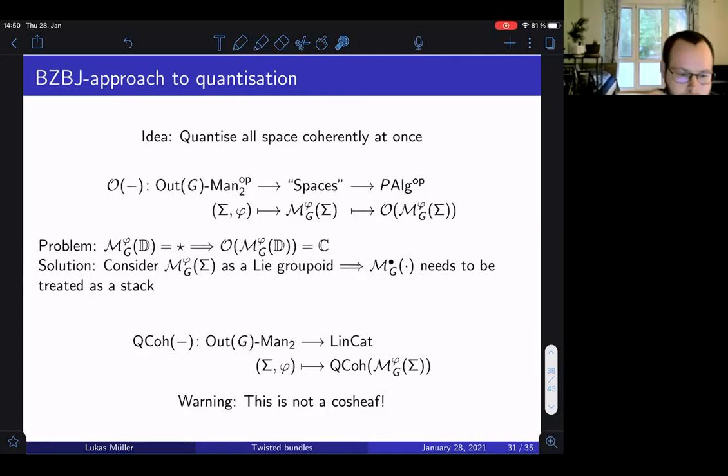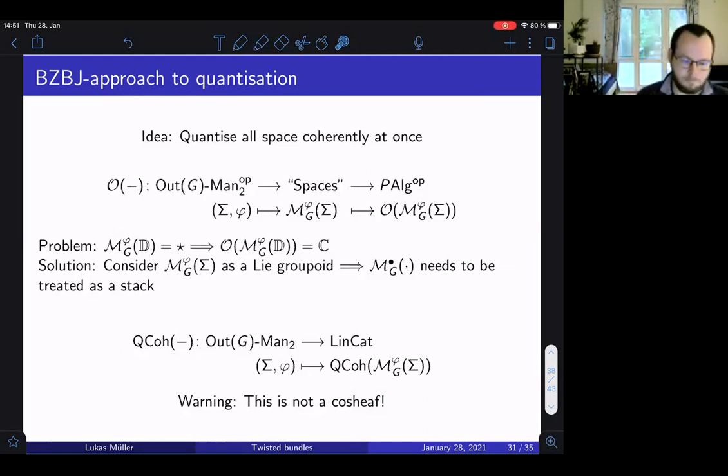I mean, this is quite probably also possible because these things are not too hard, but we somehow want to quantize all at once. And furthermore, we want to somehow only quantize them locally and then use this to glue things back together to get a quantization of larger things. Somehow we want to have a quantization which is coherent and compatible with decompositions.